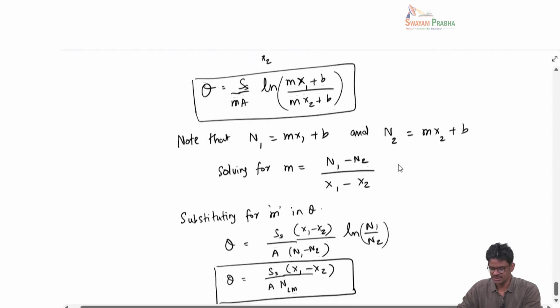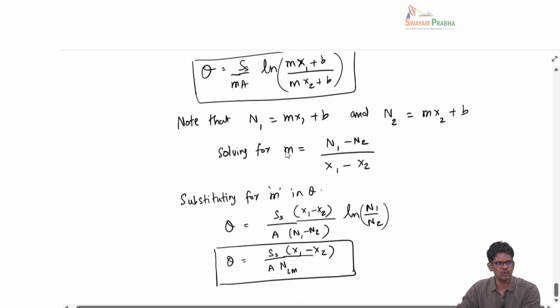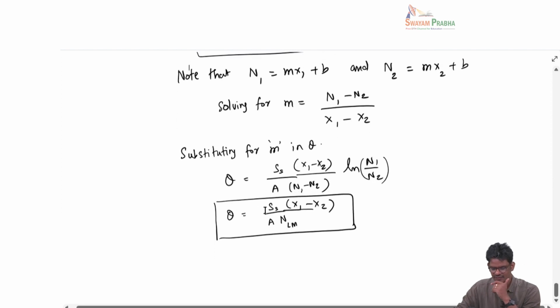Between these two equations I can write m, the slope of the line, in terms of n1 and n2 and x1 and x2, and I can substitute this m in this equation. When we do that we are able to recast this equation in a simpler form, which involves the logarithmic mean difference of the drying rates n1 and n2.